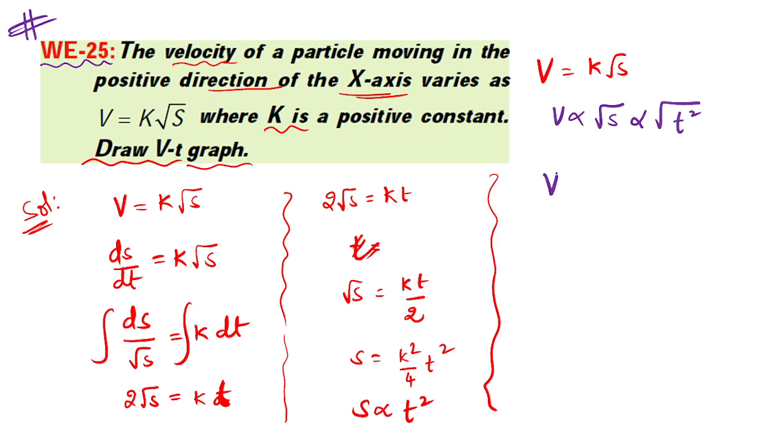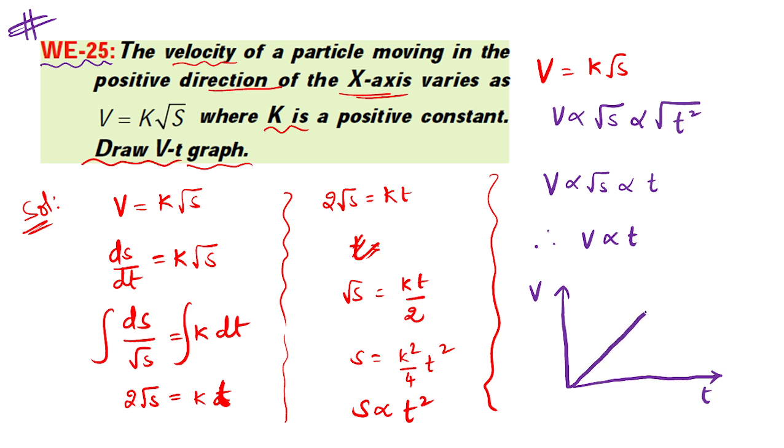So v is directly proportional to root s, and v is also directly proportional to t. So how will it vary? I'll show you. Yeah, like a straight line, no slants. Got it? Everybody is clear?